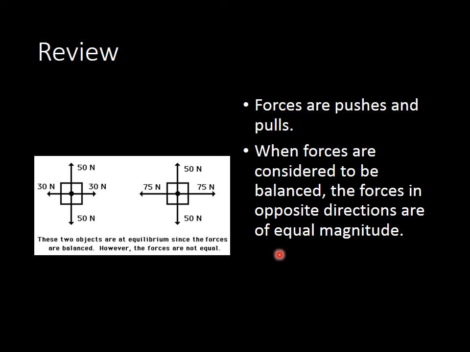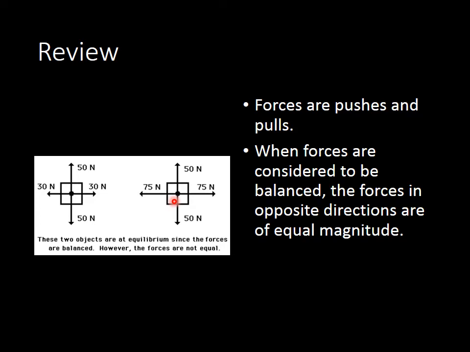This one is about Newton's third law. Just as a review, remember that forces are pushes and pulls. And we can look at these free body diagrams over here, and we can see opposite direction pushes and pulls. And these are balanced forces because the forces that are in opposite directions to each other are of equal magnitude.